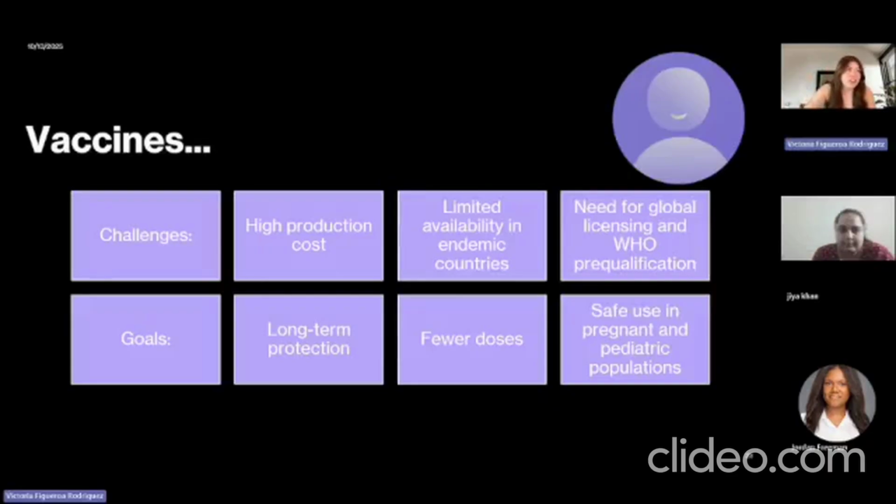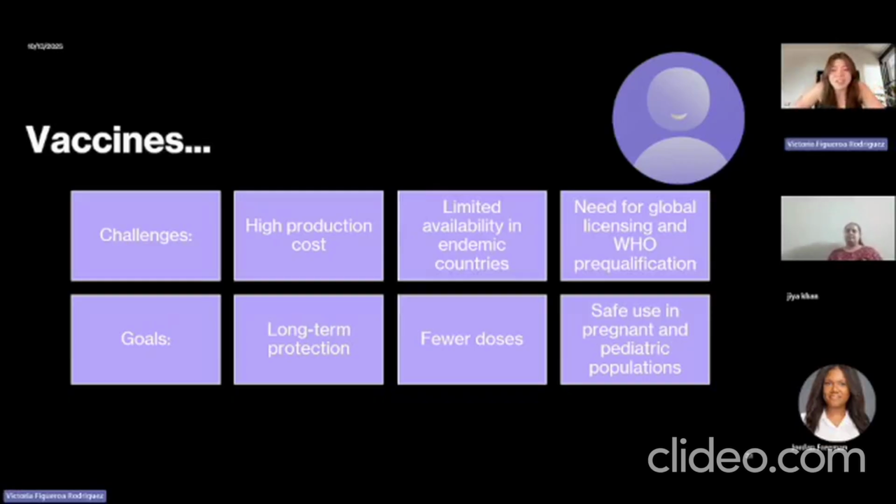Like everything, there are some challenges and goals when we talk about developing more vaccines. One of the challenges is high production cost. Not only the production, but the studies to create these vaccines are really, oh my God, high cost.